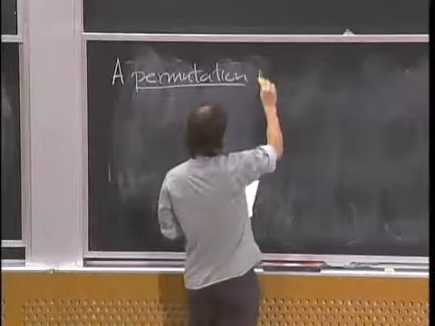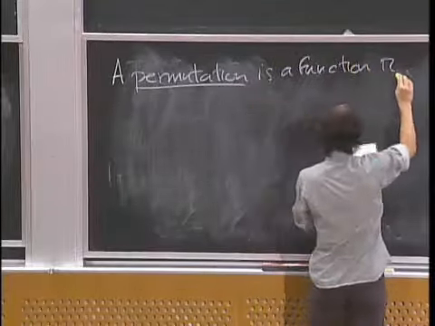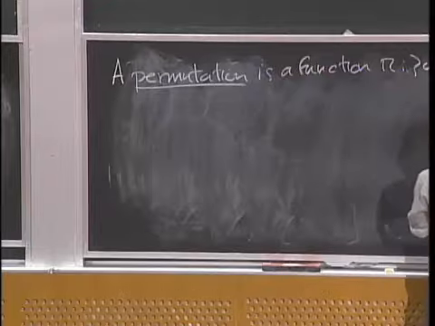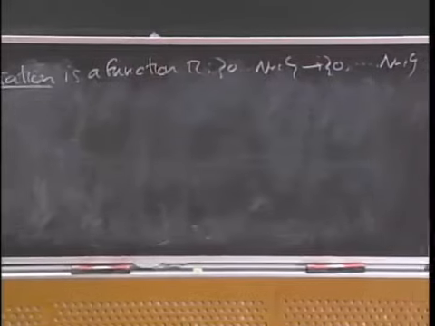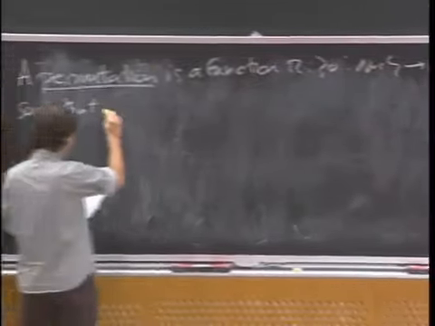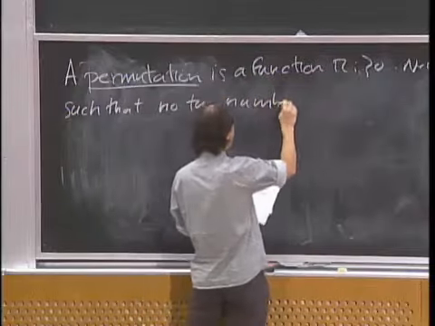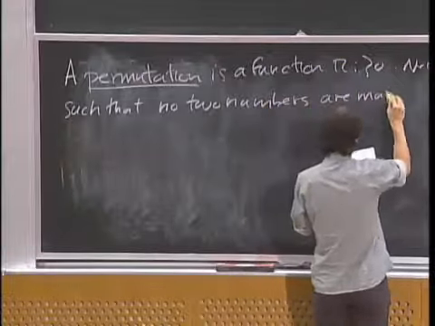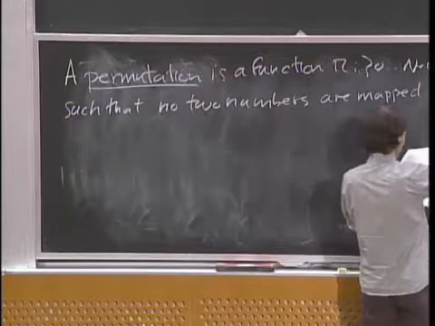So a permutation is a function pi from the set 0 to n minus 1 to the same set, and it is such that no two numbers are mapped to more than once. So no two numbers are mapped to the same value.